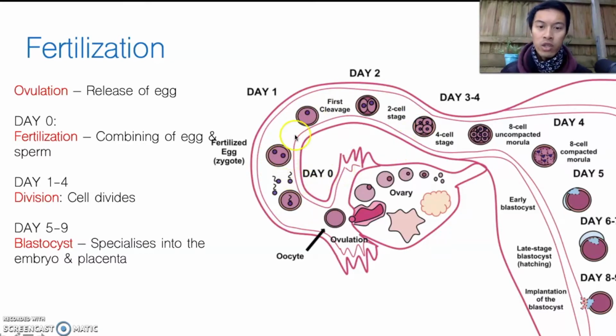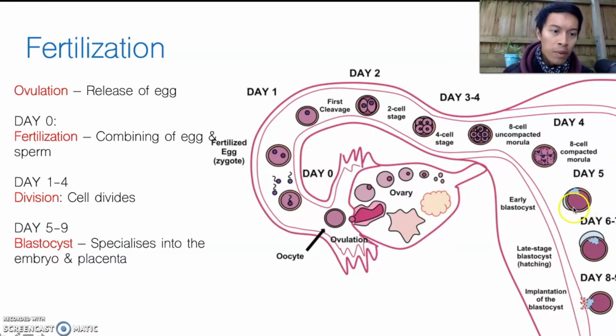The cell divides within the first 4 days, and it's basically just going through regular cell division. When it gets to about day 4, you're looking at about an 8-cell mass called a morula, and then the morula continues to divide, and then it gets to day 5 to 9, where it is now called a blastocyst. So you can see there are 2 different parts here.